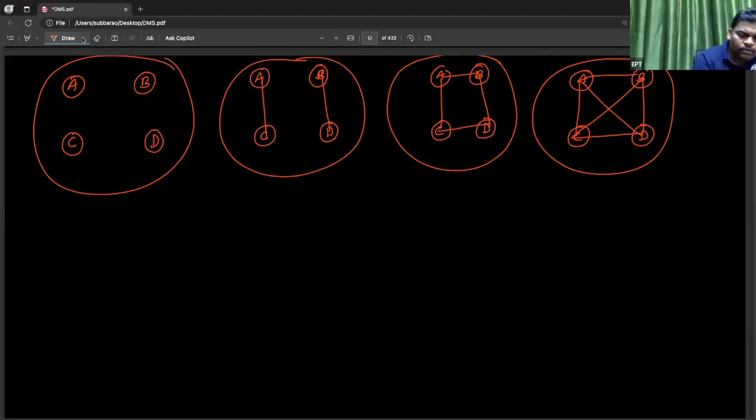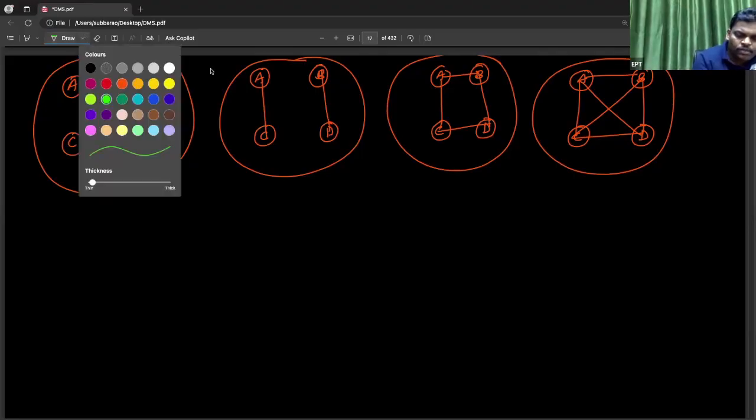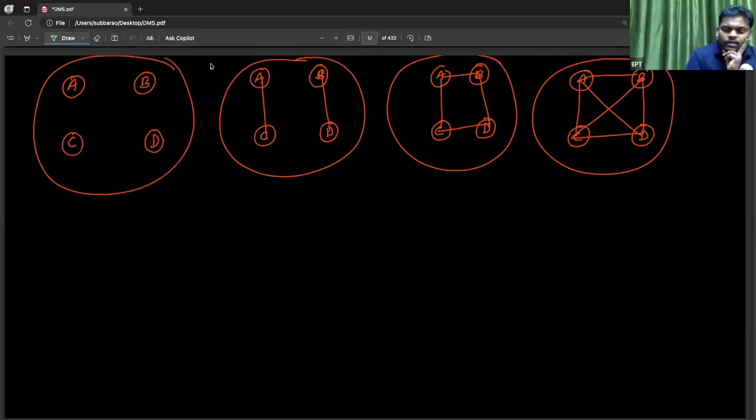Now listen everyone. See this one. In this graph, every person's degree is equal. In the first graph, every person's degree is equal. Here also every person's degree is equal.